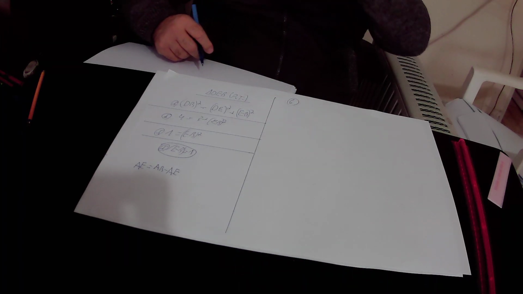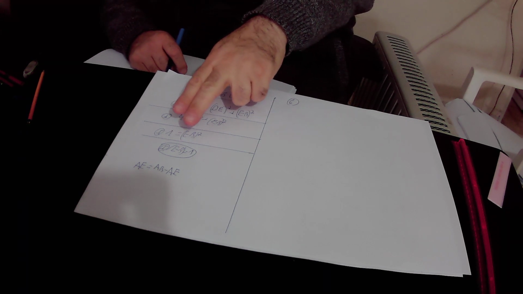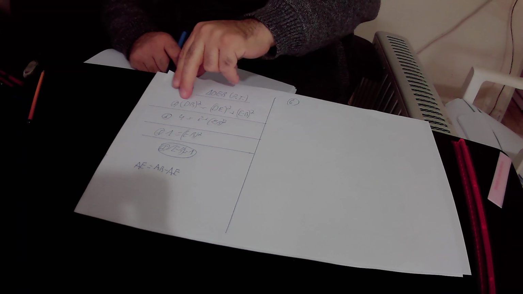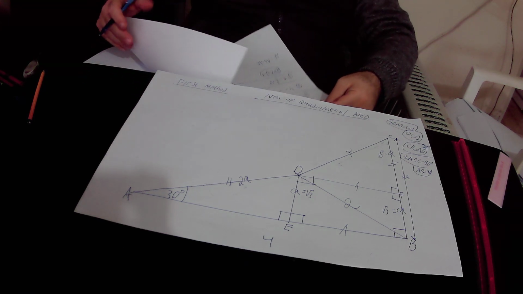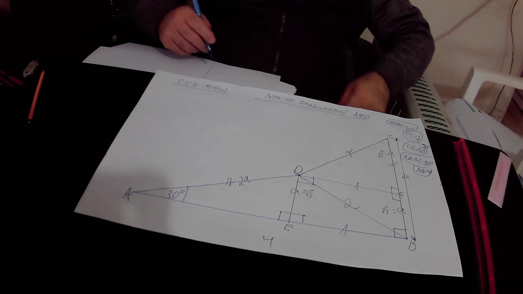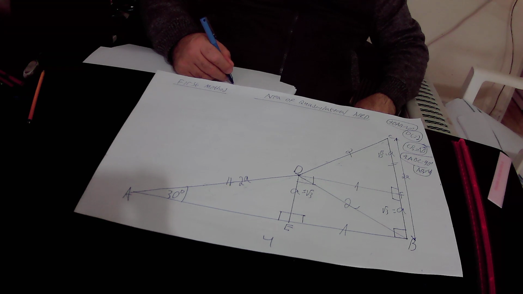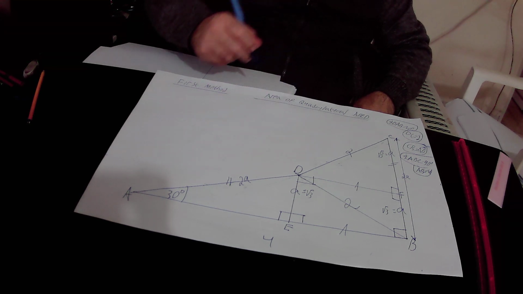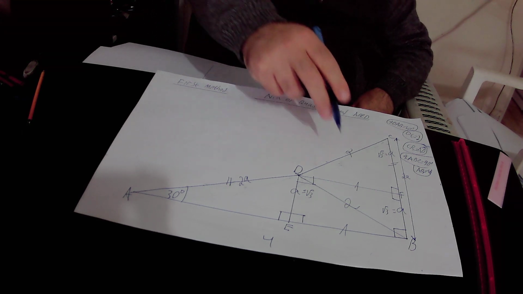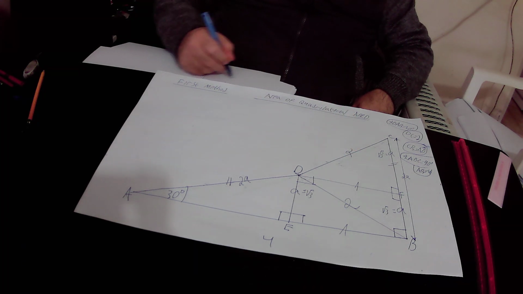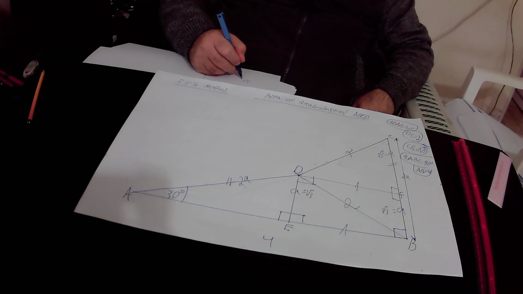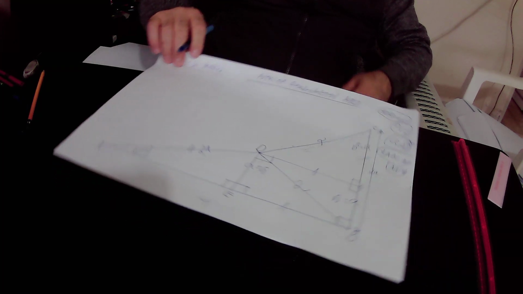From the drawing it is very easy to see that AE equals AB minus EB. So AE equals AB, that is 4 units, minus EB, that is 1 unit. So AE equals 4 minus 1, that is to say AE equals 3. So we found out that AE equals 3 units.